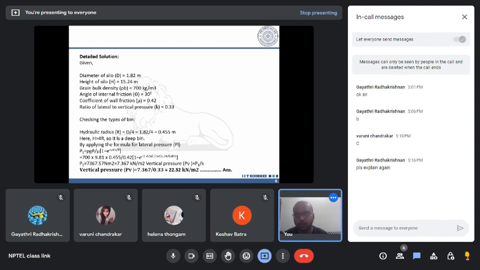To check which type of bin it is, you need to check whether the height of material filled is greater than 4 into R, the hydraulic ratio. Here your height of silo is 15.24 meter, which is far greater than 4R. So it is a deep bin. First we got to know this, then we will apply the formula for lateral pressure.